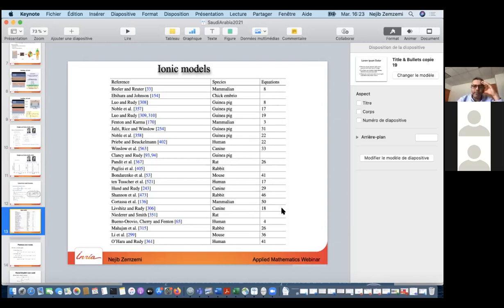There are models that are very simple, like with 4 variables or 3 variables, and you could have more complex models like this one with 41 state variable equations, or the O'Hara-Rudy model, one of the famous models that has been published in 2011, and it also has 41 state variables describing the concentrations and the gate variables in detail. So that's one way of modeling.